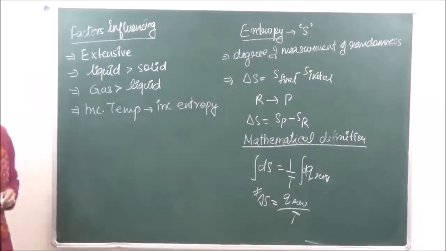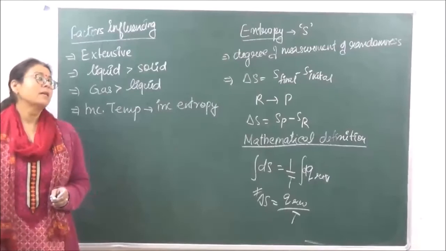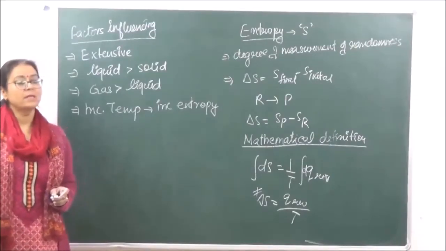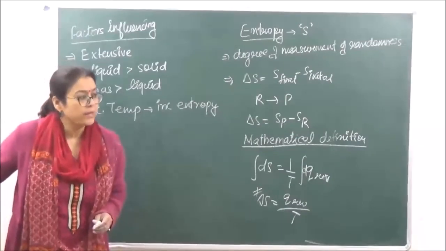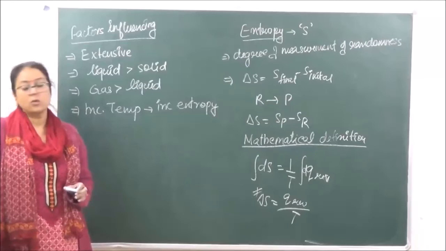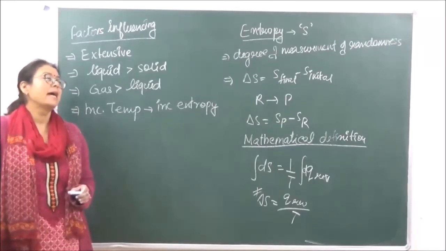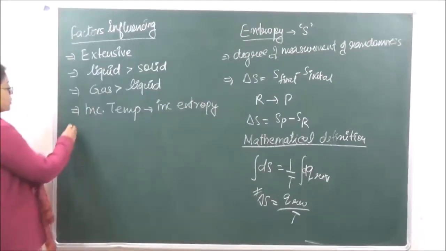The reason, as I told you, is that the system absorbs more heat, so the kinetic energy of the molecules increases. They start moving with a higher speed, as a result of which randomness increases and thus entropy also increases.